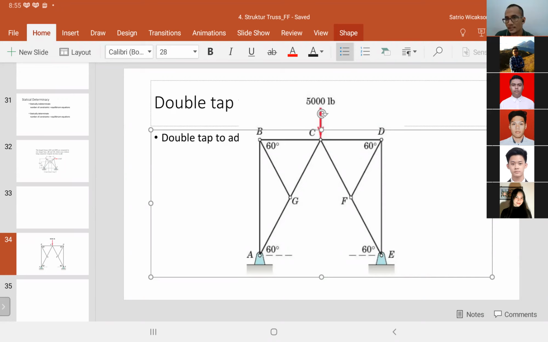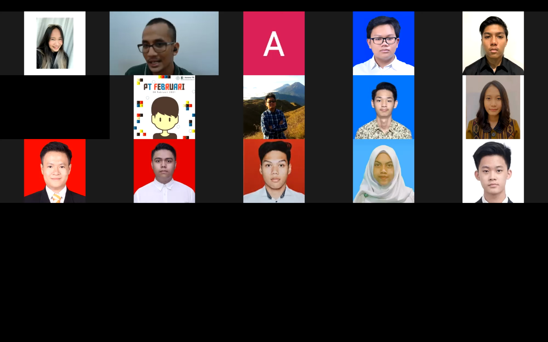But later, the Cx and Cy will adjust based on that. So in total, it will be more or less the same. You don't have to divide it 2,500 and 2,500. You can put 5,000 and nothing on the right.